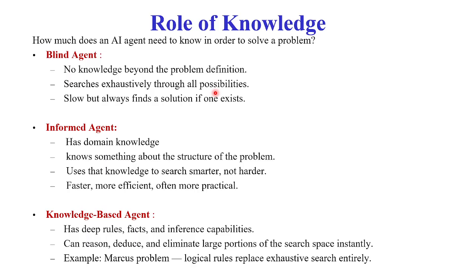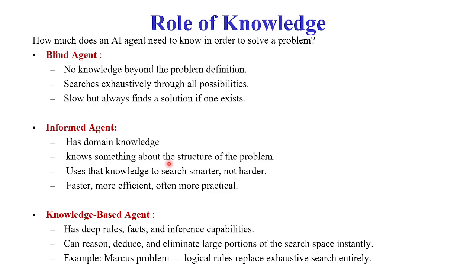The second one is the informed agent. This informed agent has some domain knowledge, so it knows something about the structure of the problem. Suppose I talk about the 8 queens problem: it will know the chessboard is 8 by 8, it will know the squares and every queen position.